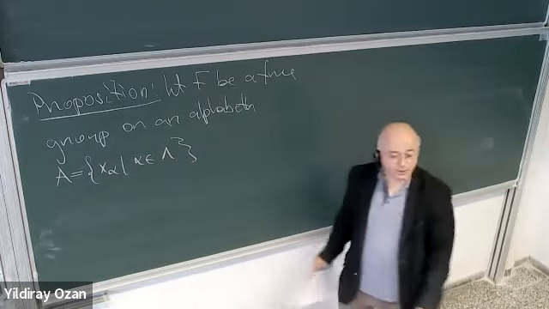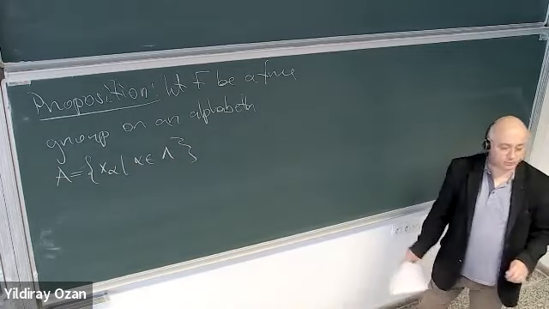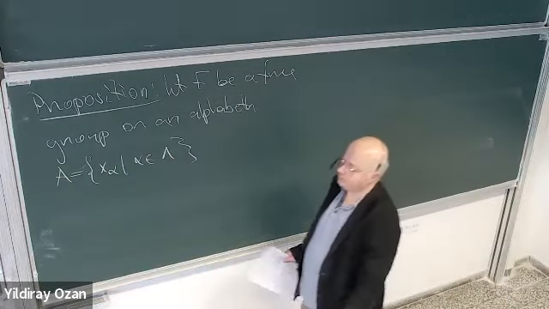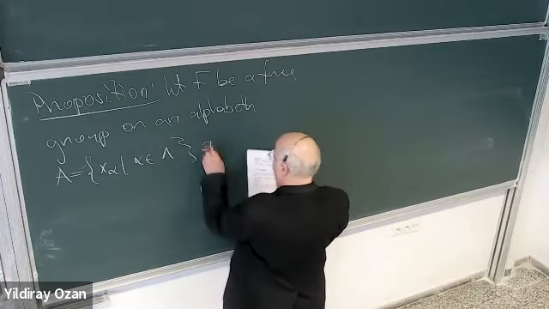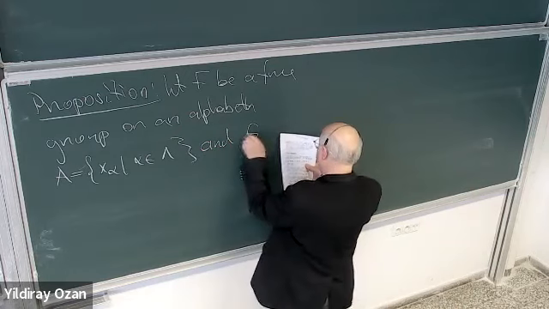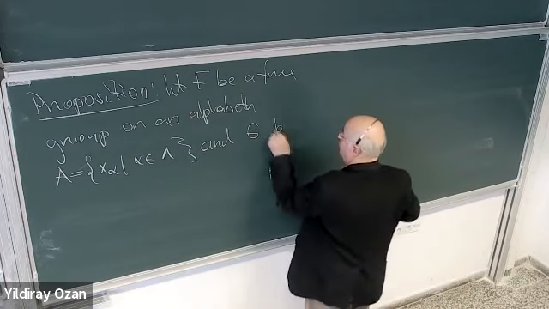So this alphabet doesn't have to be a finite set, okay? It can be a set of any cardinality, and let G be any group.